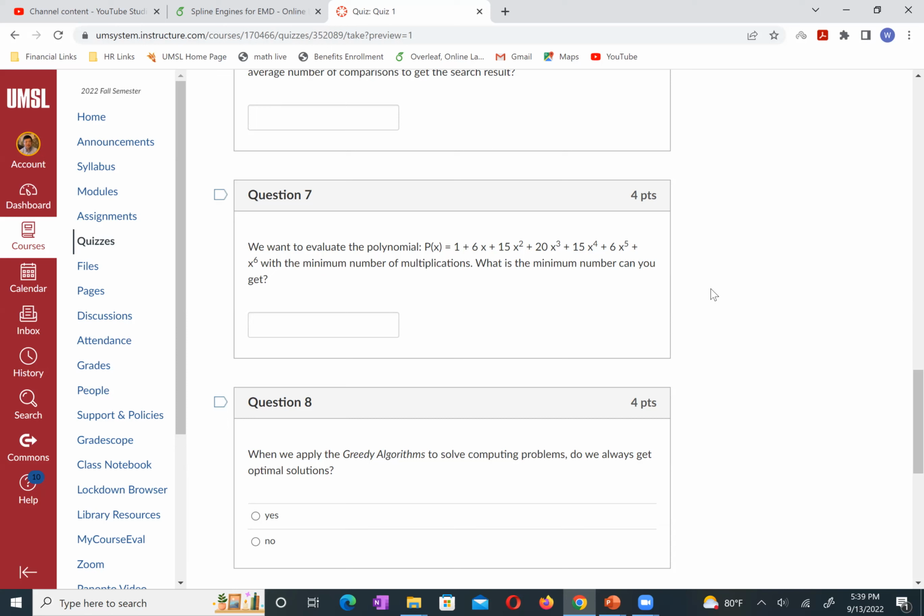Most of you may not be aware this question is related to Pascal's triangle, because the structure of this polynomial is very special. If you cannot recognize that it follows the Pascal's triangle structure, then you may not get the correct answer.